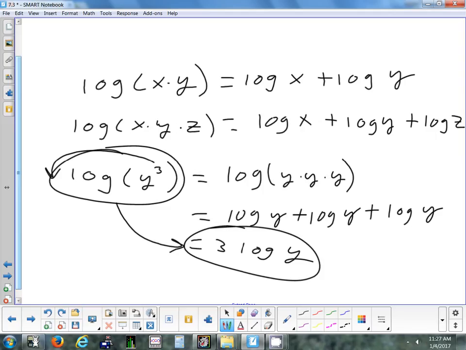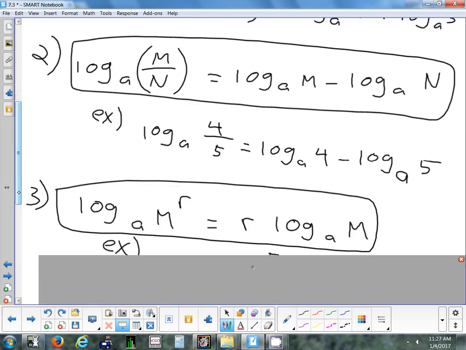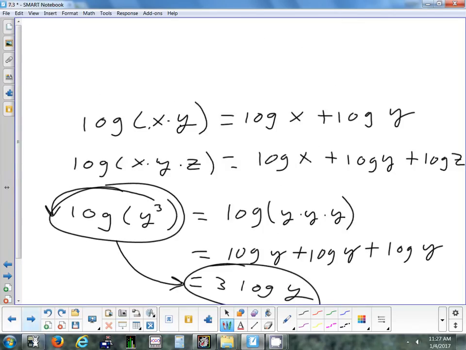So instead of going through all these extra steps each time, anytime you have an exponent, you can take the exponent and put it in front. So rule 3 is really just like rule 1, except instead of having different things you're multiplying, it's the same thing multiplied over and over. That's all.